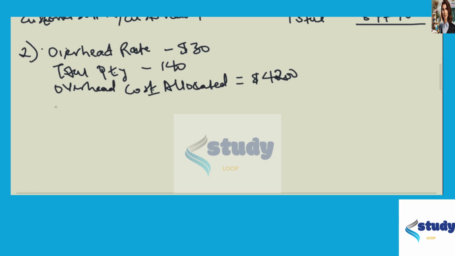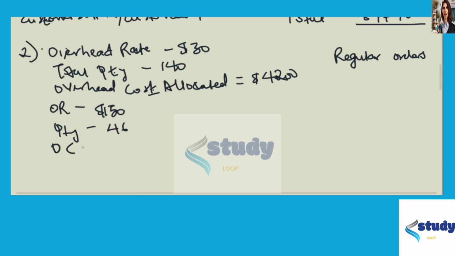Now the rush orders, the overhead rate would be $150. The total quantity would be 46, and the overhead cost would be 6,900. And this is for rush orders processing.